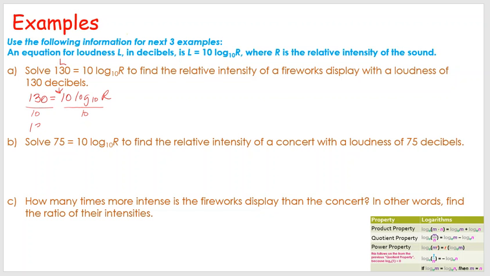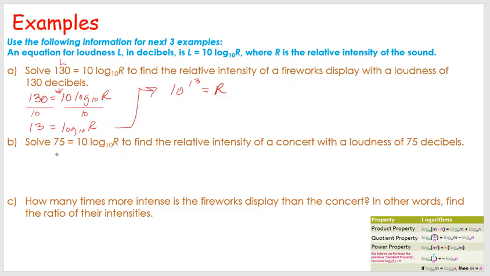So I get 13 equals log base 10 of R. Now, what I'm going to do is convert this to exponential form. So I know my exponent is 13 and I know my base is 10. So I'm going to have 10 to the 13th equals R. So that's what my relative intensity is going to be for the fireworks.